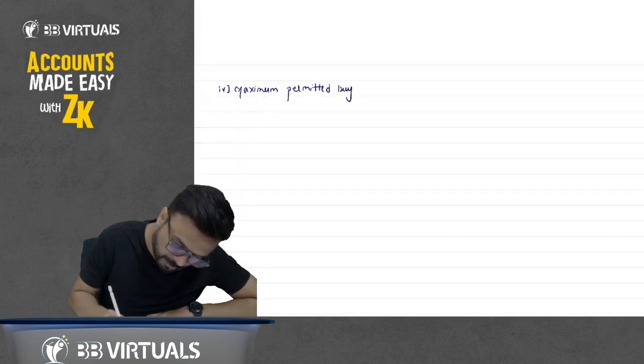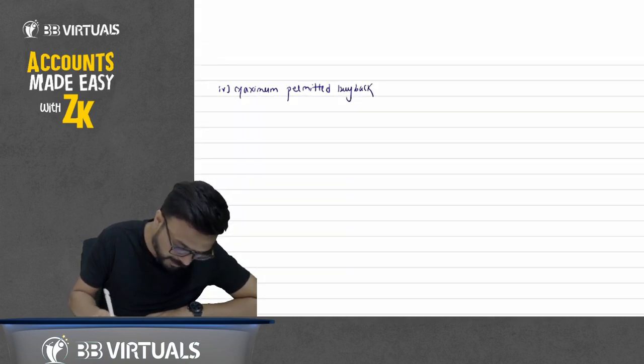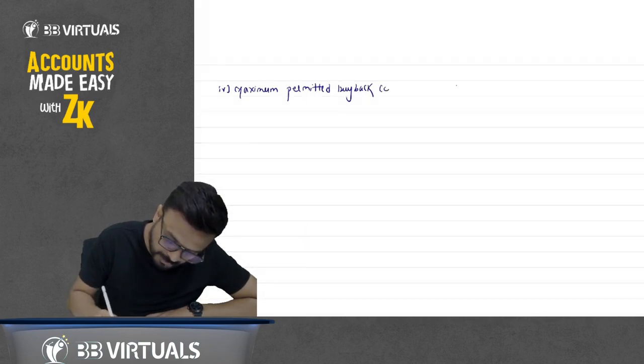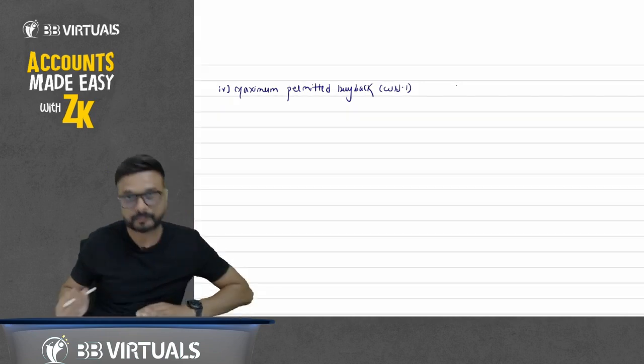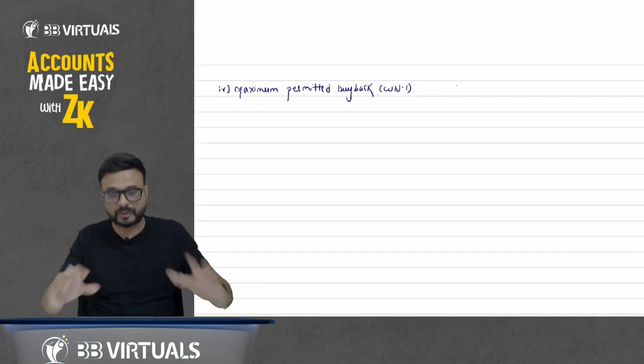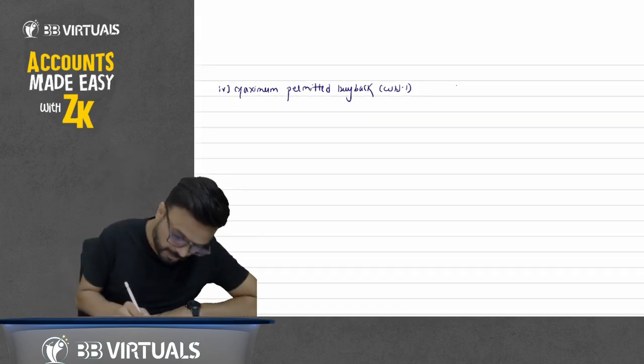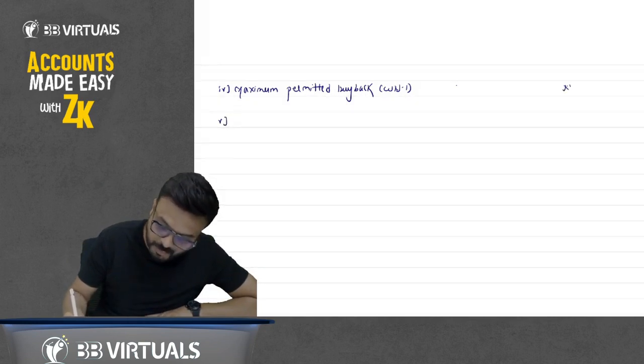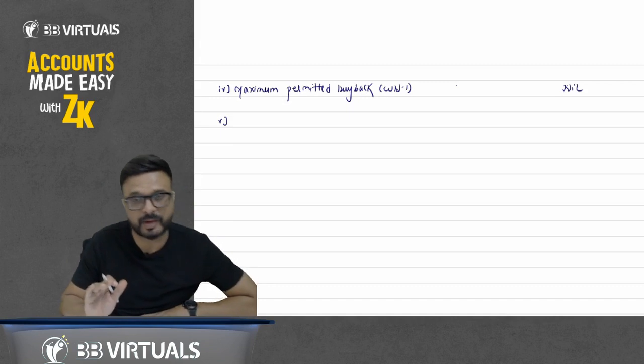How much it is, we will calculate in working note number 1. We have to solve it by simultaneous equation. After that, point number 5 will come. Here it will be 0 in situation 2, and for situation 1 we have to calculate.